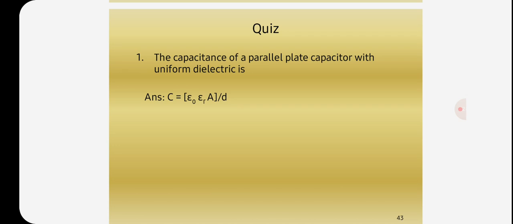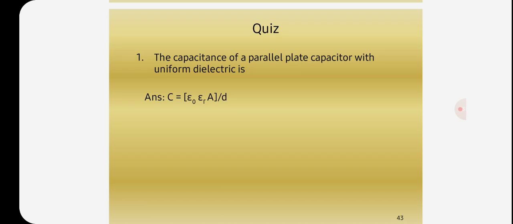The capacitance of a parallel plate capacitor with uniform dielectric is C is equal to epsilon naught epsilon r A by d, with absolute permittivity and relative permittivity.